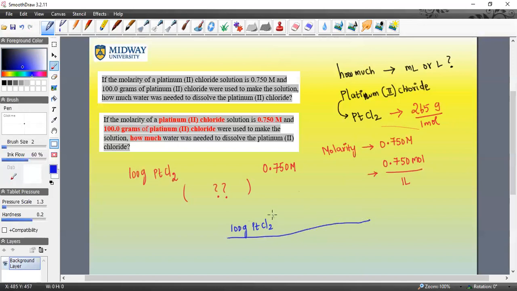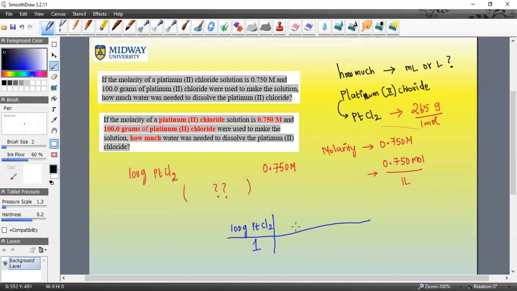Okay, I'm not going to bother with the line anymore. So 100 grams of platinum chloride. There is no other information, so I'm just going to put 1. Now, we do want to get rid of the grams because how much I need is in milliliters or liters. So we know that we don't want that grams in there, right? So let's go get a different color.